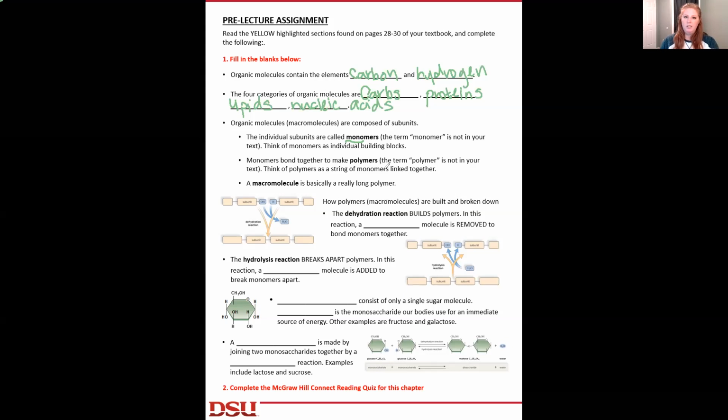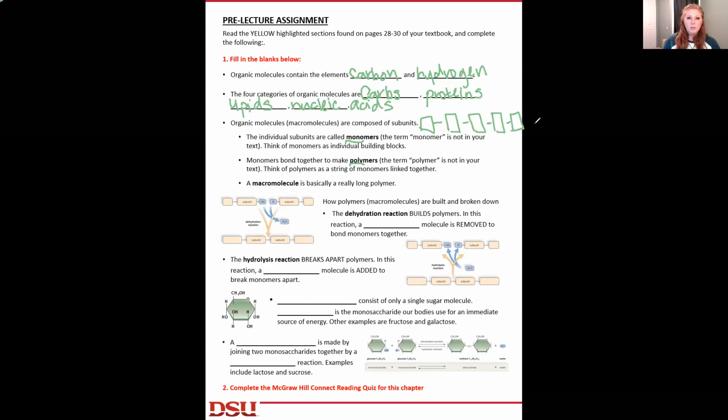When you link monomers together, you get polymers, poly meaning many, okay? So this is when you have many monomers strung together. So if a single block is a monomer, okay, then when you link those blocks together, you have polymers, okay?